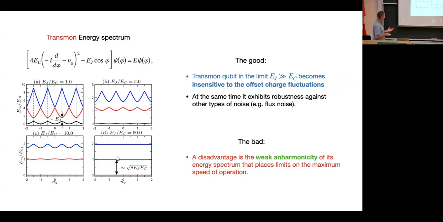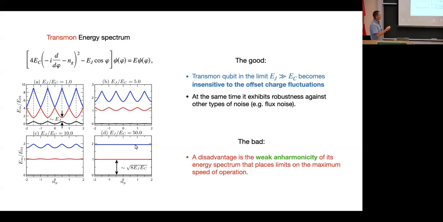Why is that bad? When you want to manipulate these two levels by sending microwave pulses, unless you send very well-defined pulses with a very well-defined frequency, you always run the risk of exciting into the second excited state. In a quantum computation, that's basically a catastrophe because your qubit is out of your logical space and the calculation has ended.